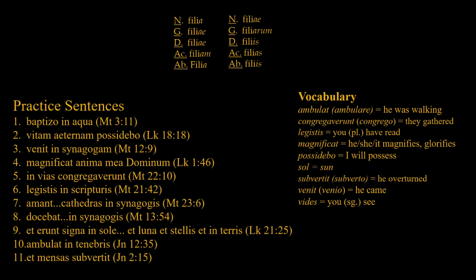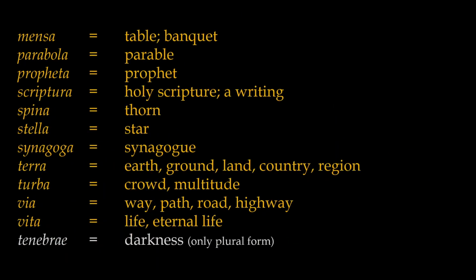Ambulat in tenebris. Ambulare, first conjugation verb, to walk. Ambulat, T ending, third person singular, present. He, she, or it walks in tenebris. And remember, tenebrae, first declension noun, but only in plural.